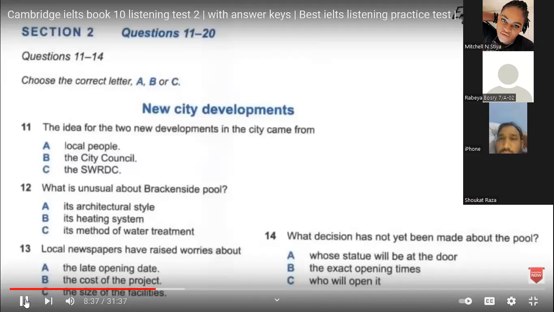Okay, already you have got the information. But the fact is that you have got here the indirect information. The answer is A. What is unusual about Brackenside Pool? A. Its architectural style.